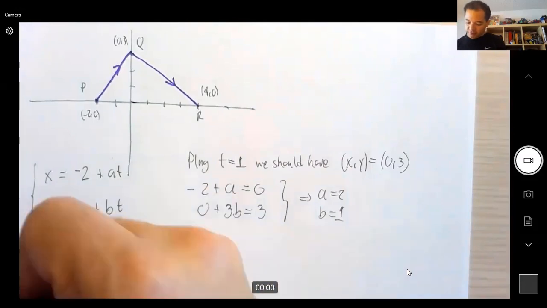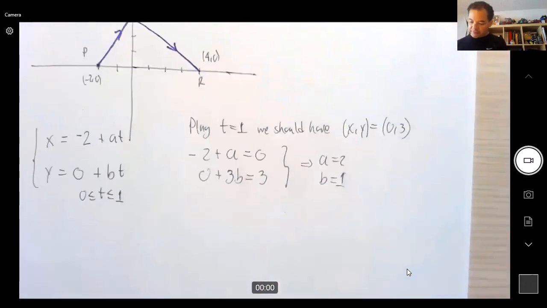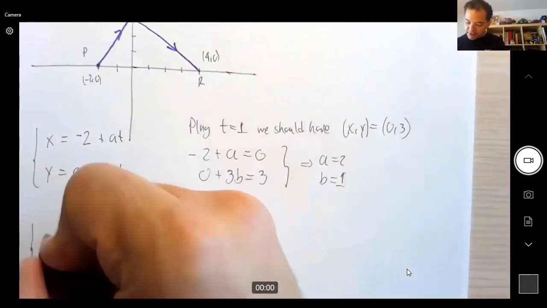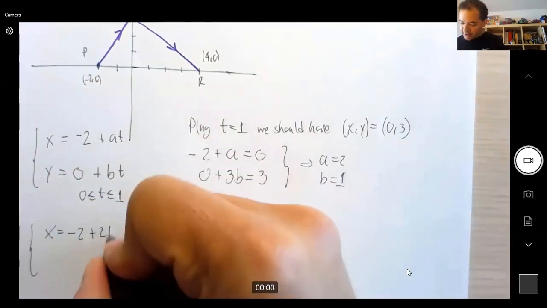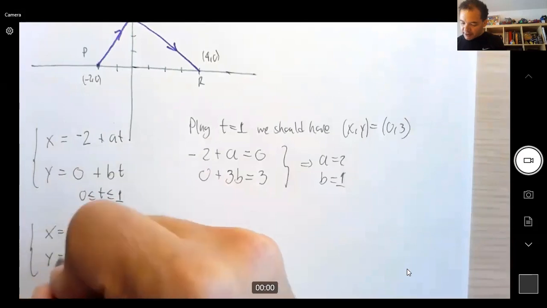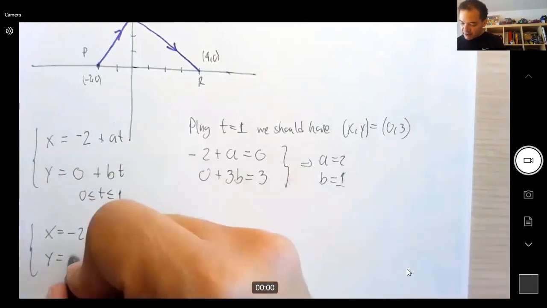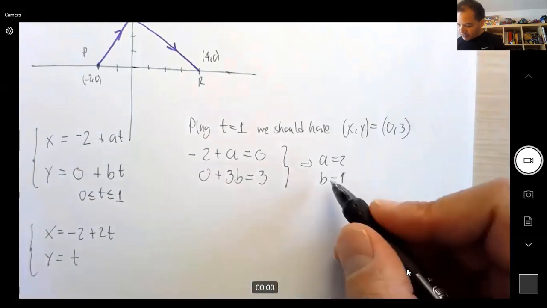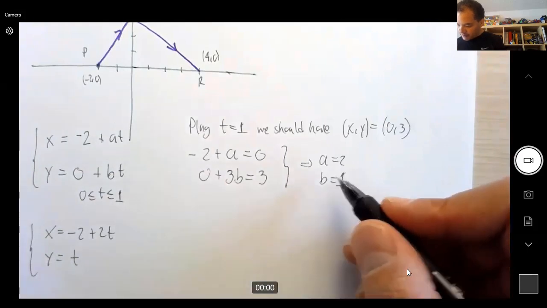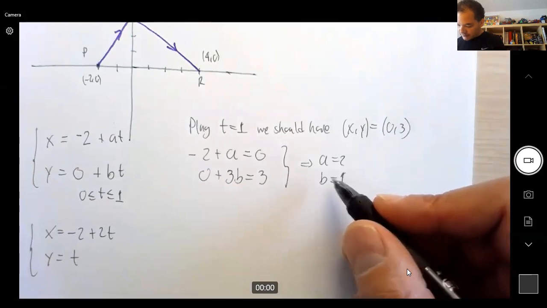Okay, so let's write down the part that we have so far. The part that we have so far is -2 plus 2t and t between 0 and 1. And hold on a sec.